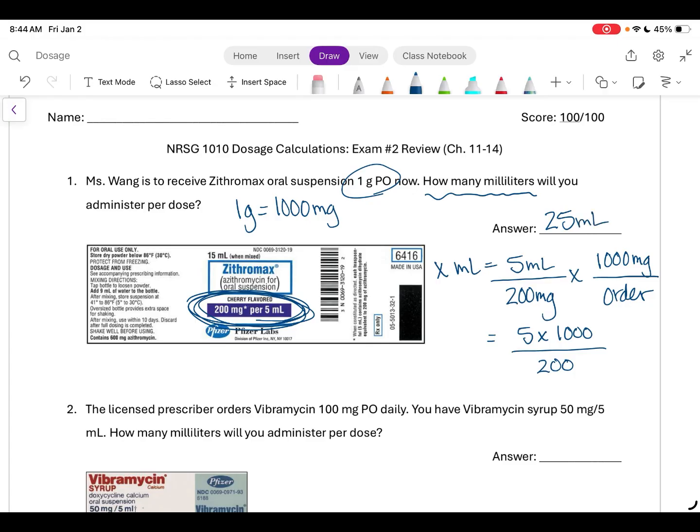If you do want to do your conversion inside your dimensional analysis, this is what it's going to look like. You have XML.